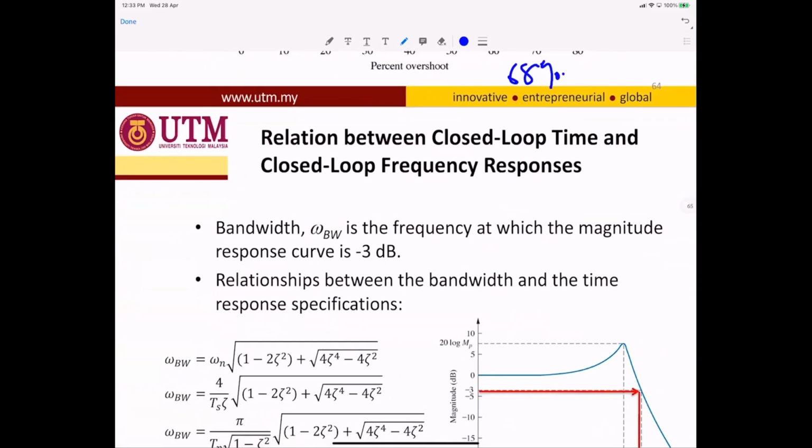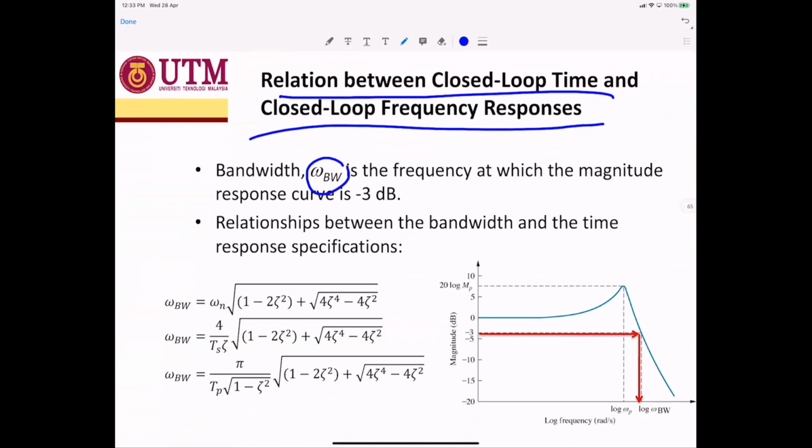So relationship between closed loop time and closed loop frequency response on the bandwidth is the frequency at which the magnitude response curve is minus 3 decibel. Okay. So if you go to any electrical appliance, especially the audio, you can check the spec design. What is the frequency at minus 3 dB?